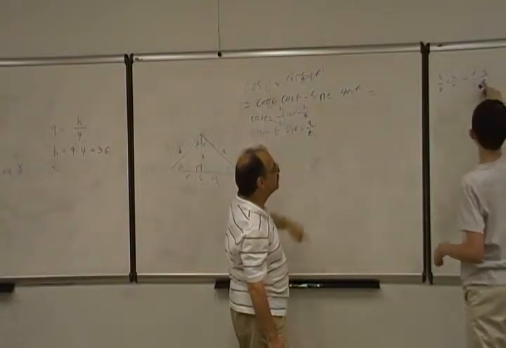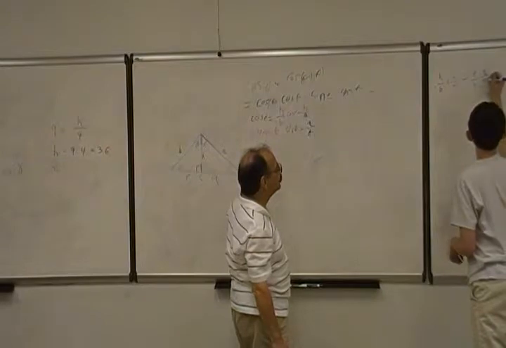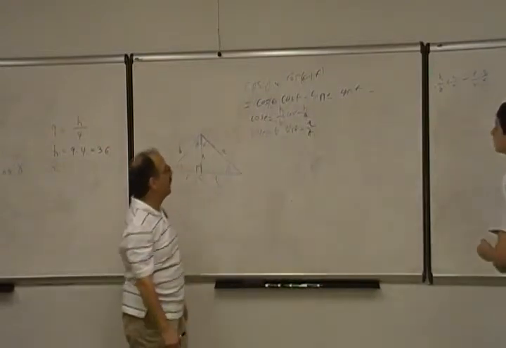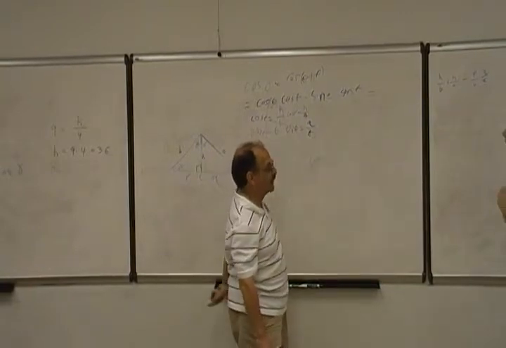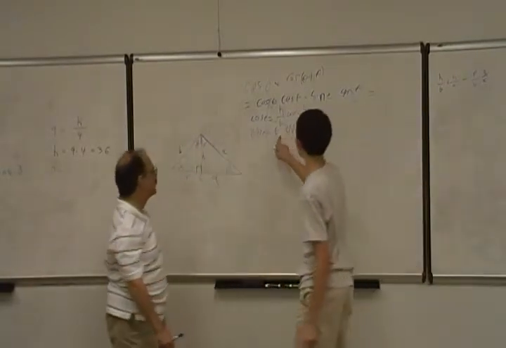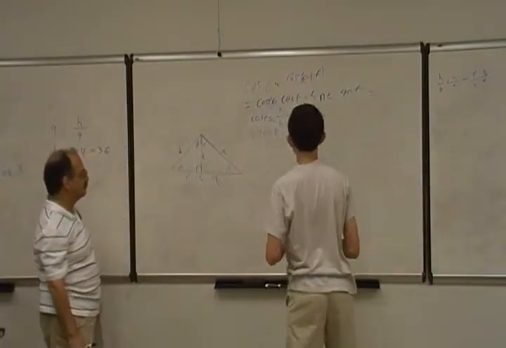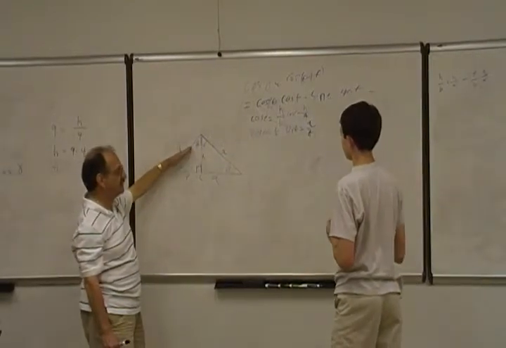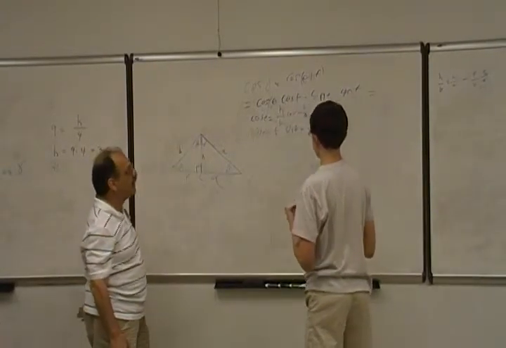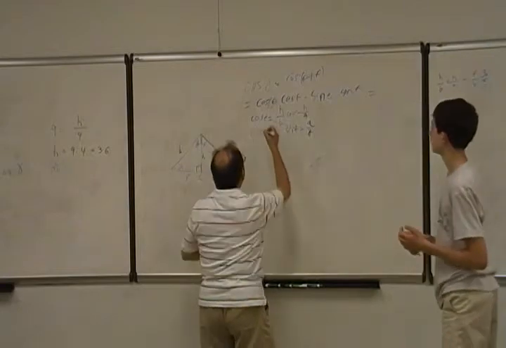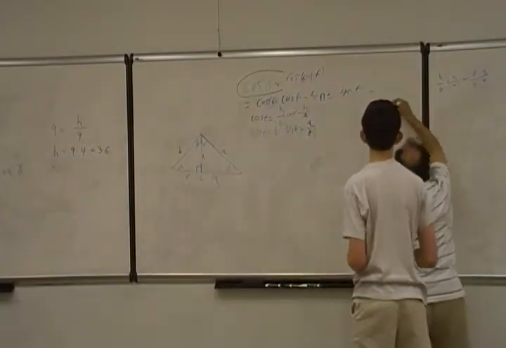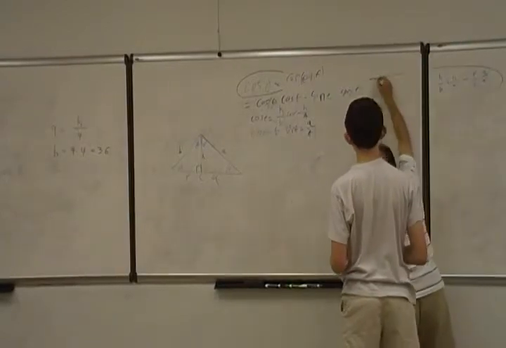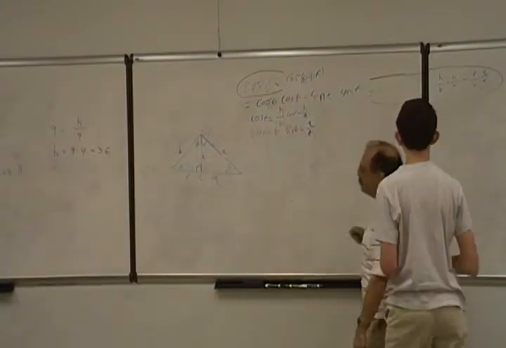Use the script A. All right. So cosine of gamma is equal to that, right? Wait, why? No. B is hypotenuse. Yeah. Okay? All right.